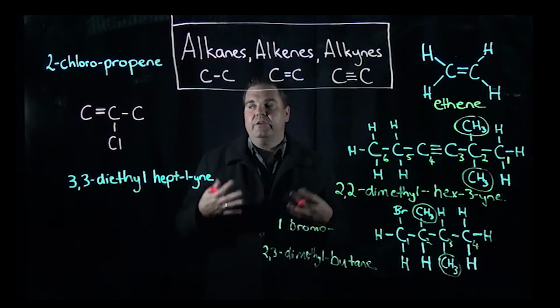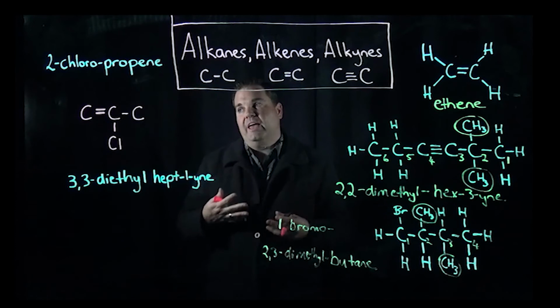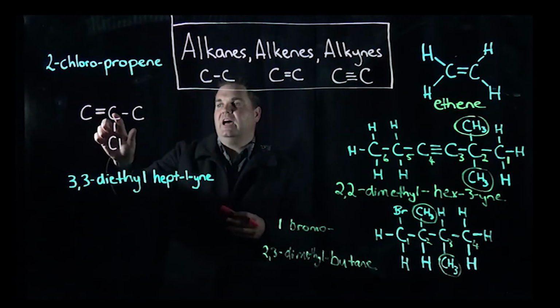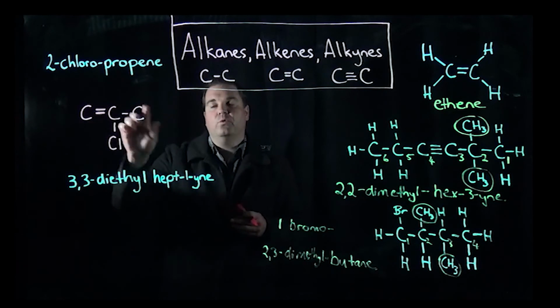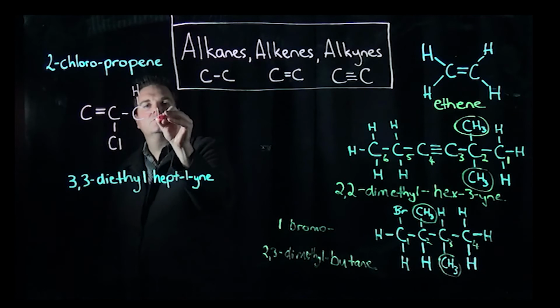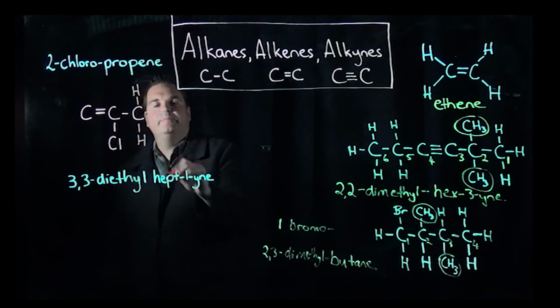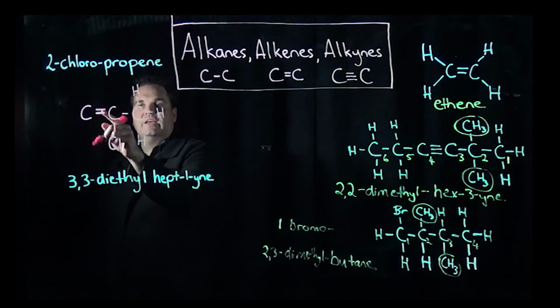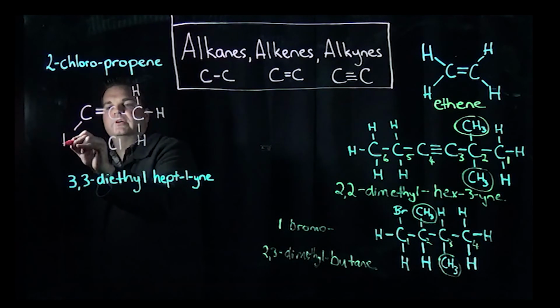All we've got to do now is put in our hydrogen atoms. We know how many to put in because remember every carbon has 4 bonds around it. So this carbon in the middle already has 1, 2, 3, 4, so that doesn't need any more. This carbon here needs 1, 2, 3. That gives us our 4 bonds around this carbon, and this carbon down here already has 2, so we just need to put in 2 more.